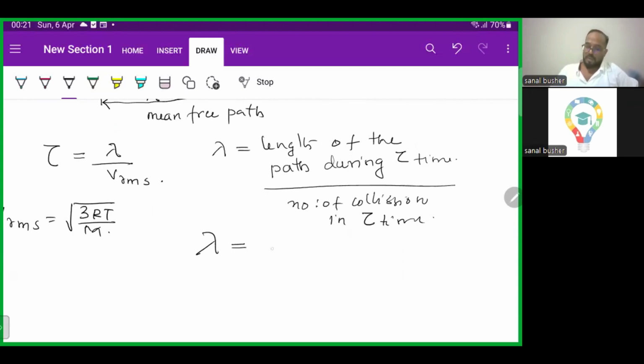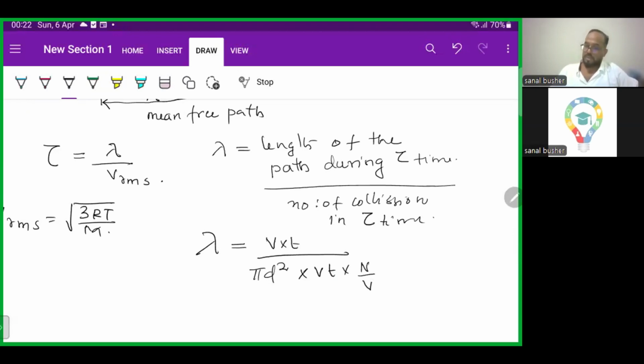The lambda will be equal to Vt upon pi d square, where d is the diameter of the molecule, into Vt into N upon V. Okay, this is the formula.